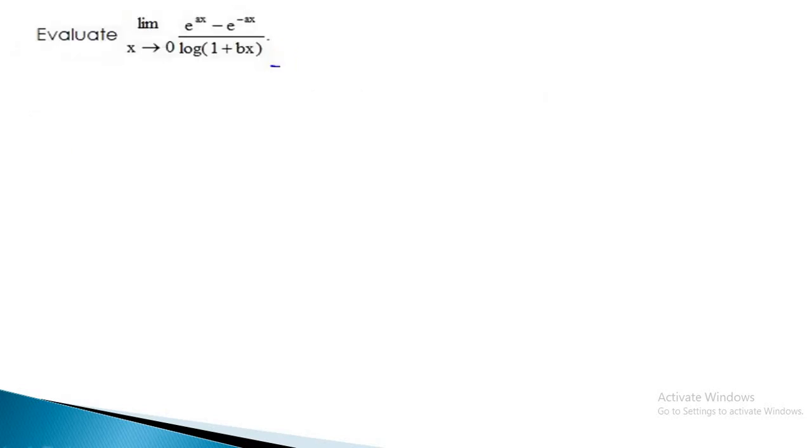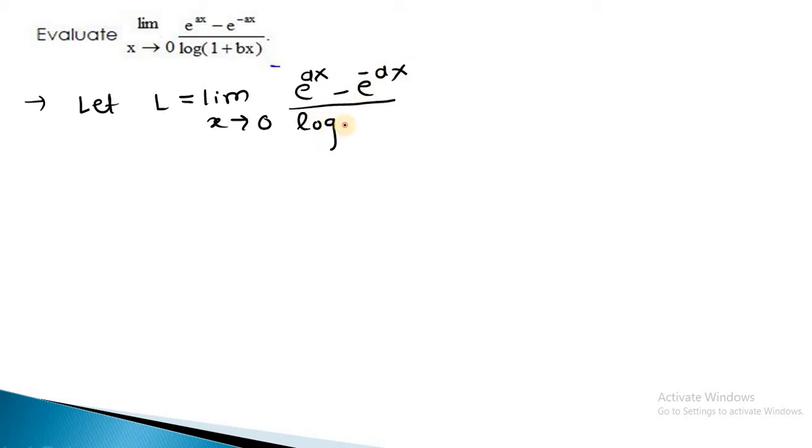Now let us solve another example. Evaluate limit as x tends to 0, e to the power ax minus e to the power minus ax upon log of 1 plus bx. So let the given limit L be limit as x tends to 0 of the numerator e raised to ax minus e raised to minus ax upon log of 1 plus bx.